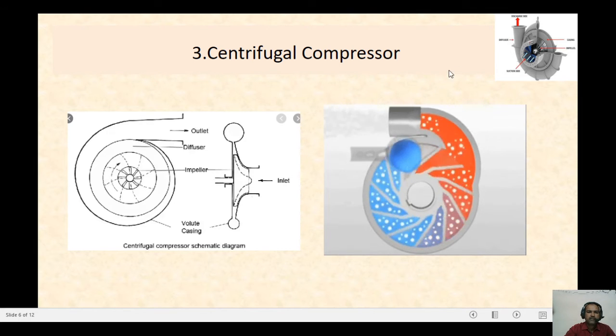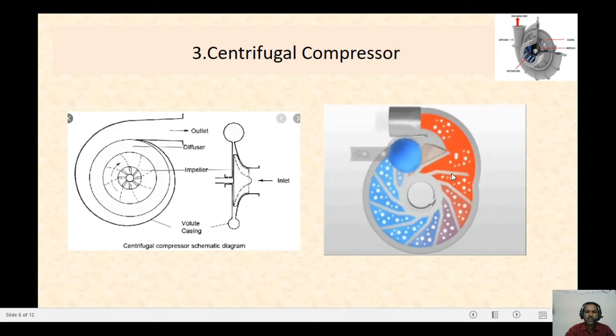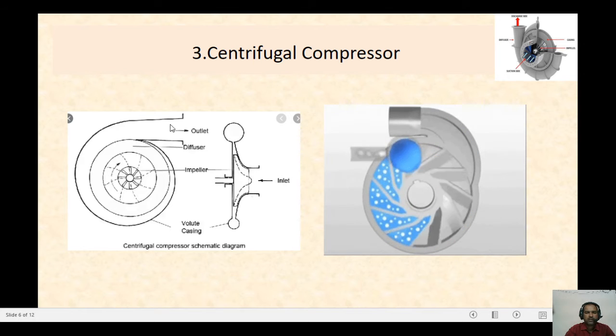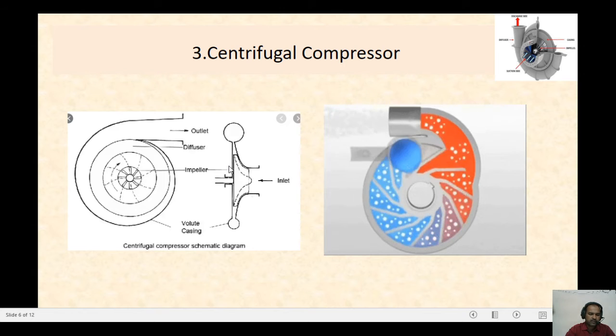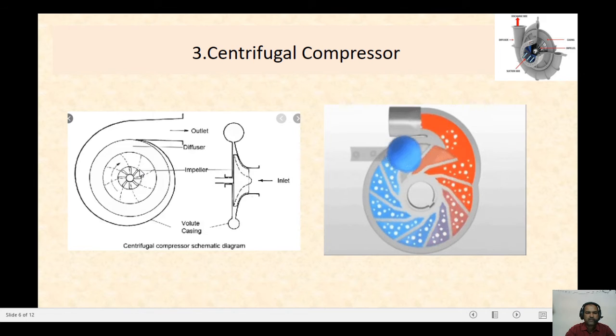You can see here the schematic diagram of the centrifugal compressor on the left side, and the small animation I have provided at the right side. Before moving to this, I will just highlight the construction of the centrifugal compressor. It consists of three main parts.